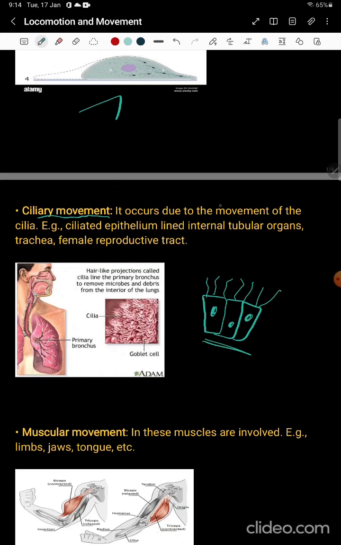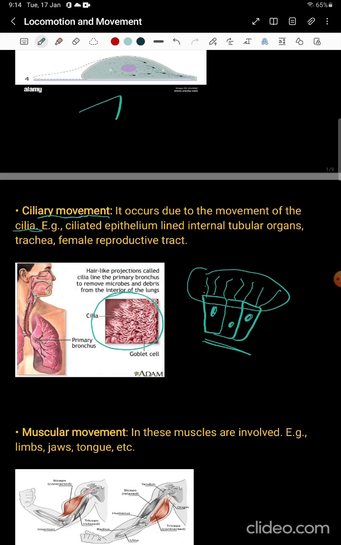It occurs due to the movement of cilia. When the cilia contract and expand, they undergo a wave-like movement. Even in this image they have shown how, due to the wave-like movement, it entraps and prevents unwanted pathogens or dust particles from being inhaled into our lungs.